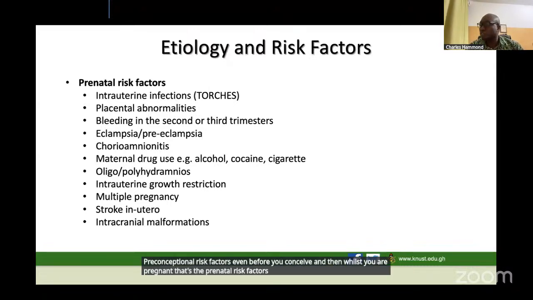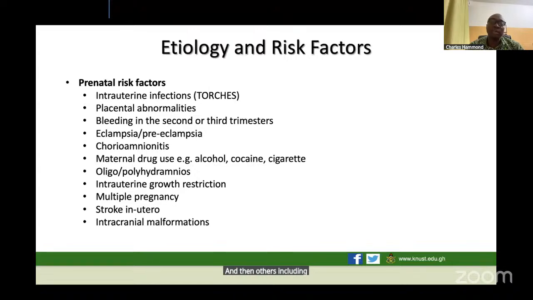These include intrauterine infections. We heard a lot about rubella, CMV, that's cytomegalovirus, toxoplasmosis, and then others, including syphilis and herpes infections. And even people have mentioned HIV, but HIV is in a class of its own.